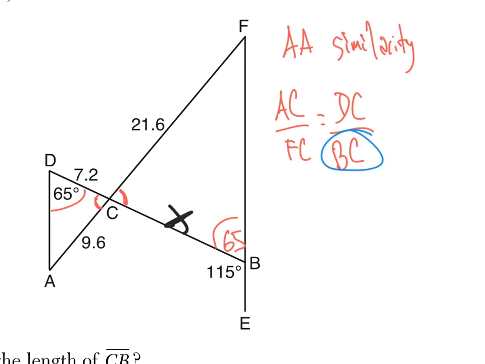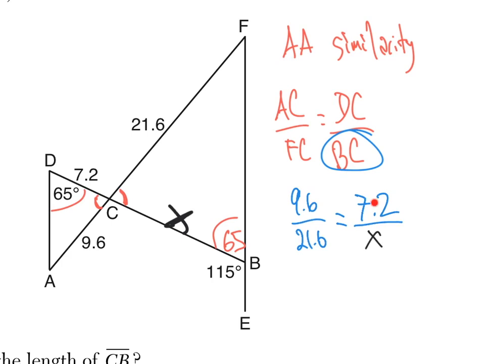So I know that if it's AC right here, 9.6, it's going to be 9.6 over 21.6. And so let's write that down. 9.6 over 21.6 equals 7.2, right, DC, over, we don't know what x is. That's what we're solving for.